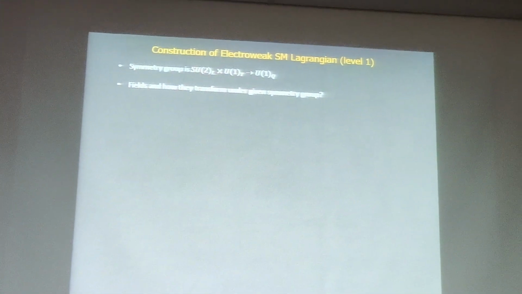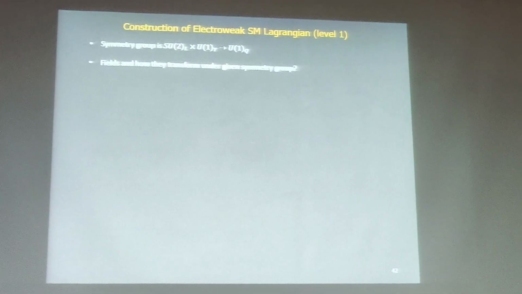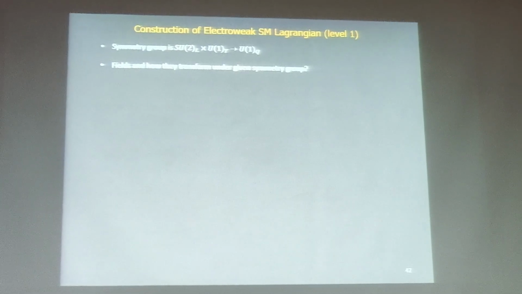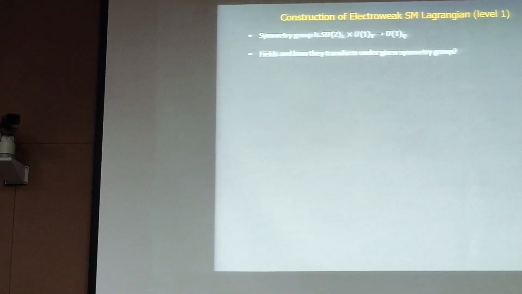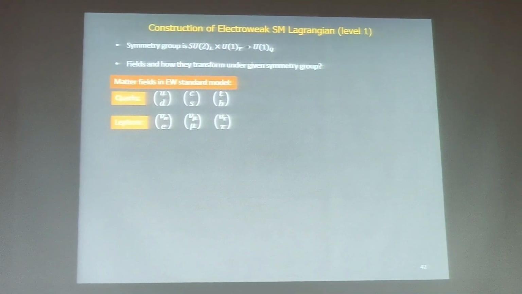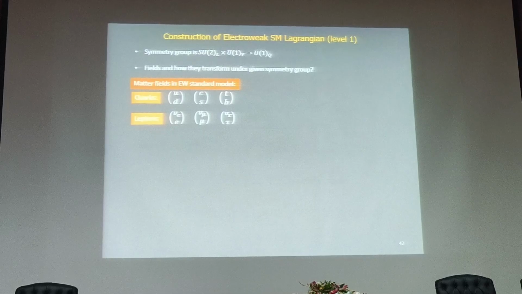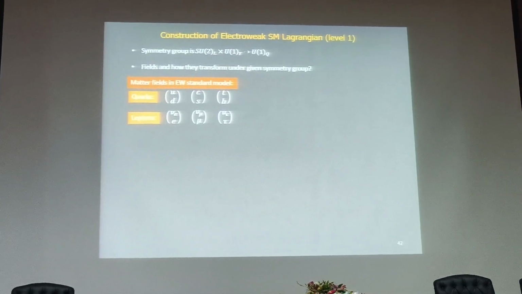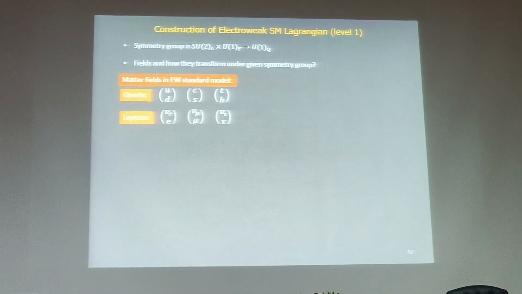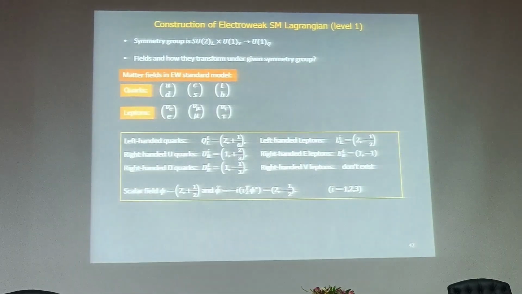And once you have defined your symmetry group, then we come to the next point, which fields you have and how they transform under the given symmetry group. Okay, so in the electroweak standard model, we have the matter fields, in which we have the quark fields. We have 6 quark fields corresponding to 6 flavors of the quark, and 6 lepton fields, again 6 flavors.